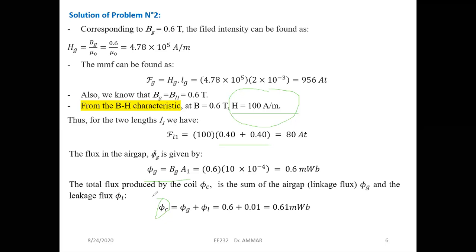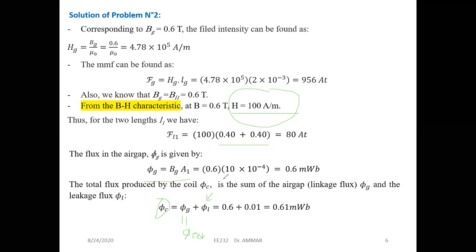So the flux produced by the coil is phi c, which is equal to the flux of the air gap, which is the same as the flux in the core, plus the leakage flux.